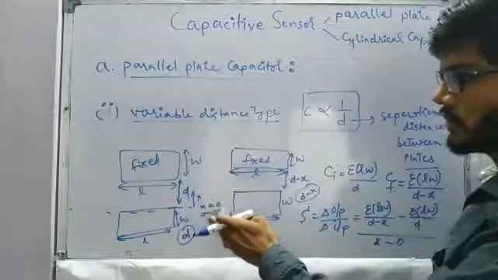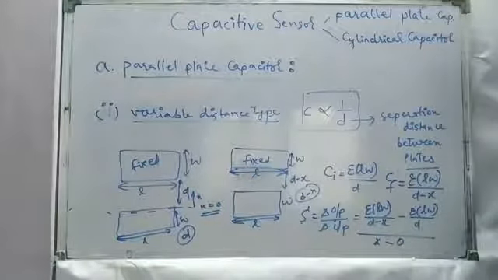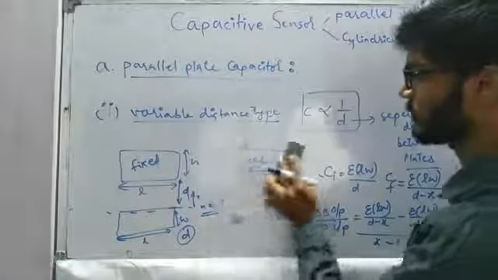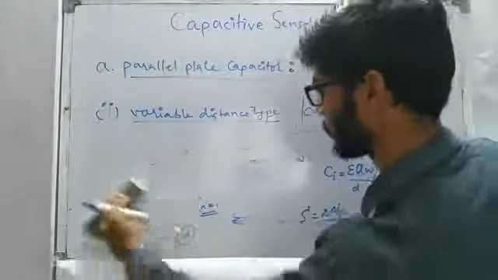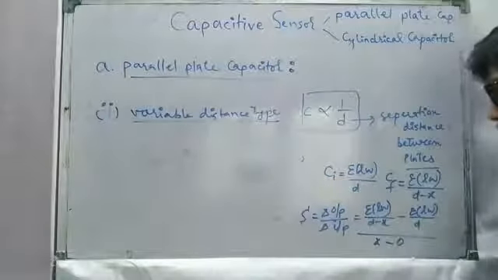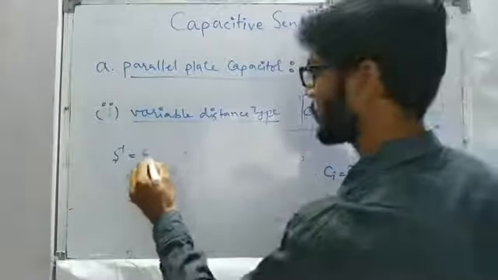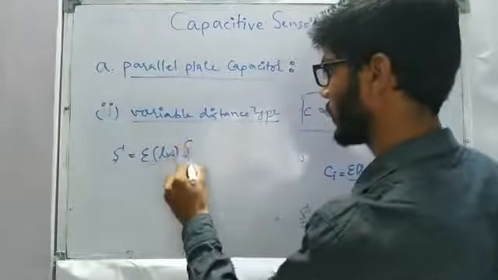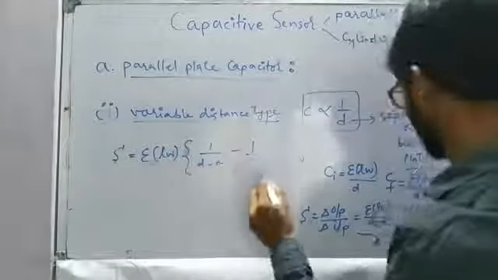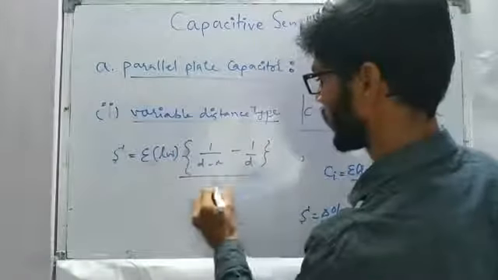So with respect to this we are going to measure the input, and input we are giving as distance. So if we simplify it, this is going to come out as sensitivity equal to epsilon into length into width, we will take as common 1 upon d minus x minus 1 by d, divided by x.